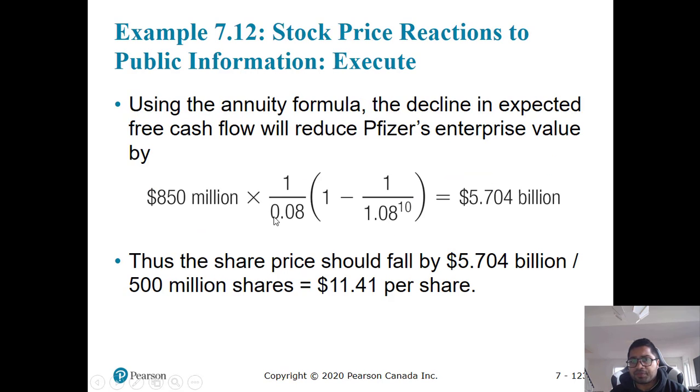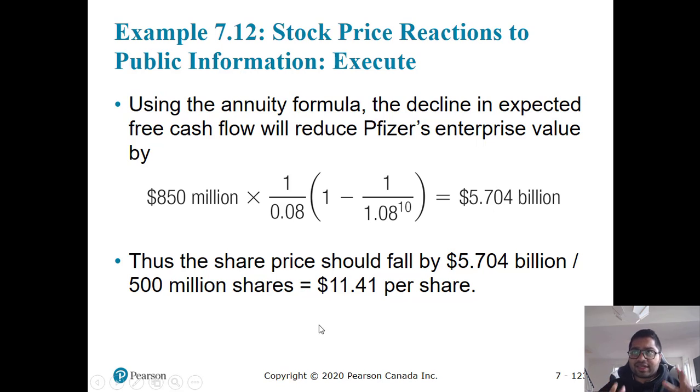We compute the present value of $850 million at 8% for the next 10 years, which is $5.704 billion. Thus the share price should fall by $5.704 billion divided by 500 million shares, so the share price should fall by $11.